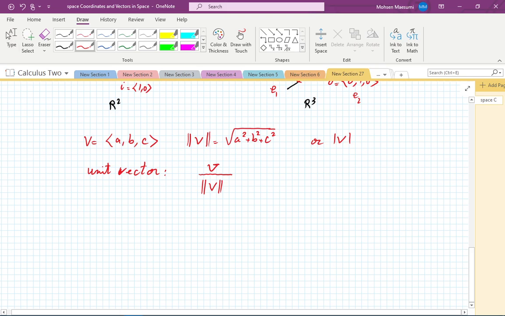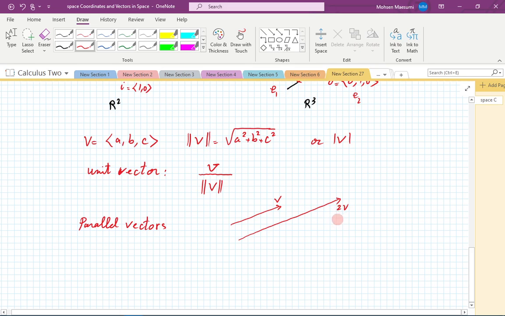Some issue that comes up in some of your homework is the issue of what parallel vectors are. So exactly what you think. If you have a vector and you multiply it by some number, it might stretch or shrink. So if you have a vector V and double it, these two obviously are parallel, they have the same direction.